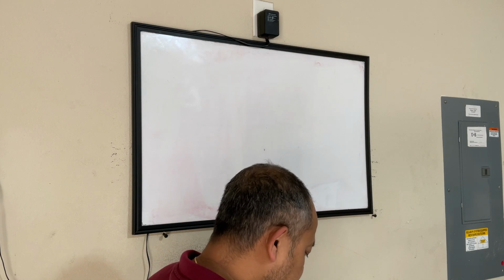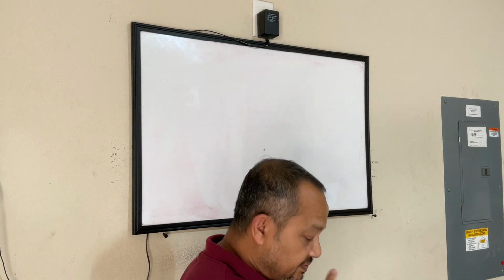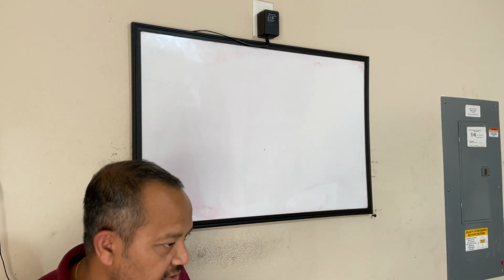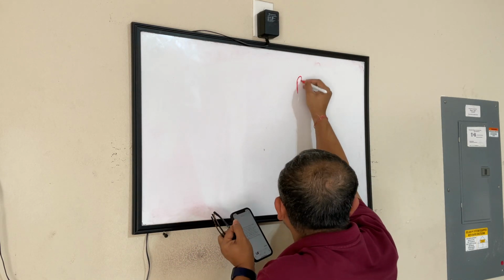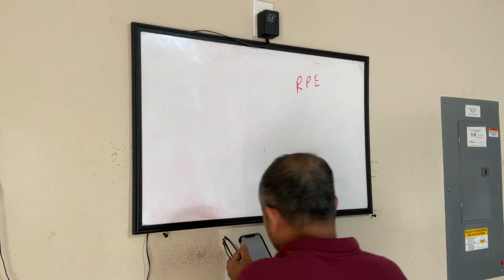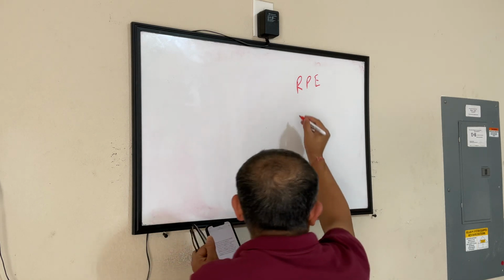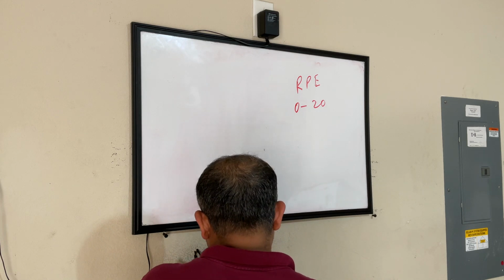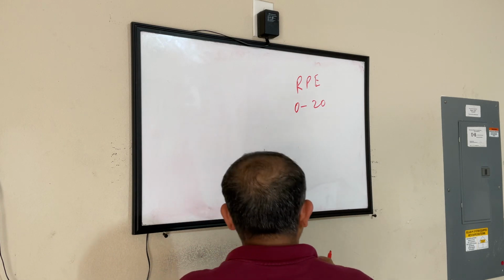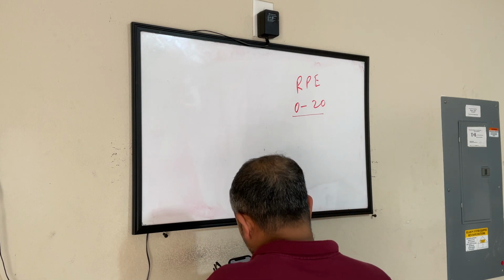Again, sounds very cryptic. Let's read it one more time. The question is the rate of perceived exertion, RPE. I'll just keep noting down some of the things because I don't trust my memory. This is a cryptic term that we came across. The RPE scale runs from 0 to 20 and is approximately proportional to a person's heart rate. So this RPE is directly proportional, or approximately proportional, to a person's heart rate.